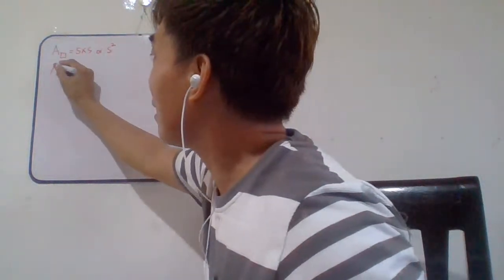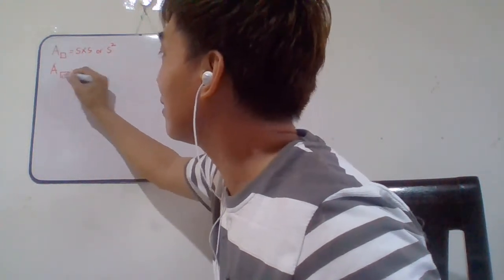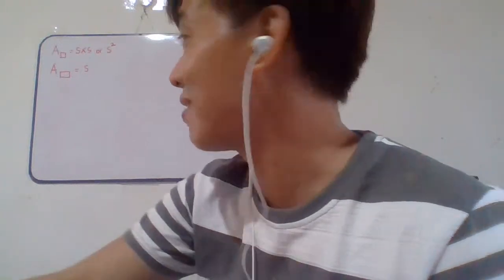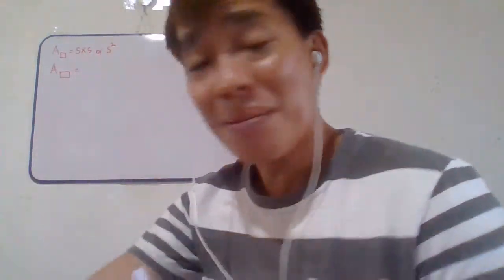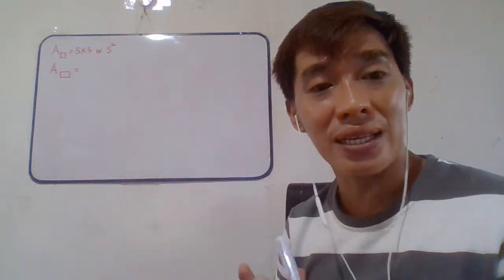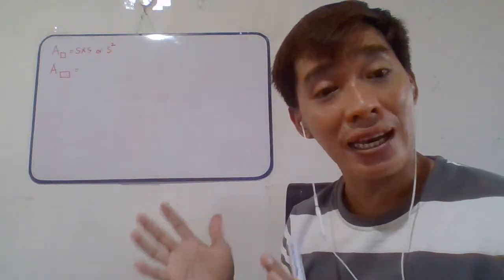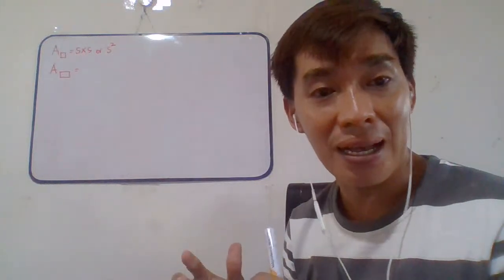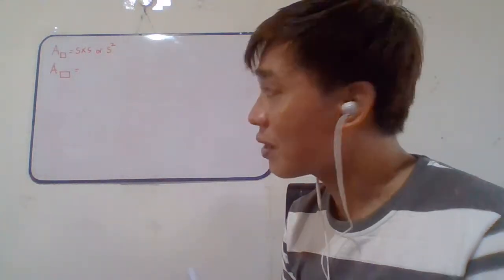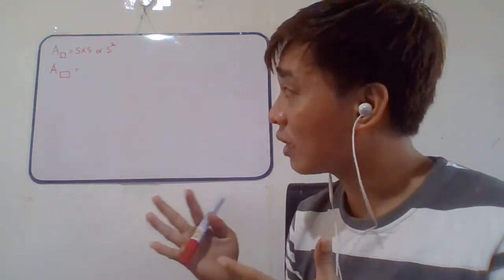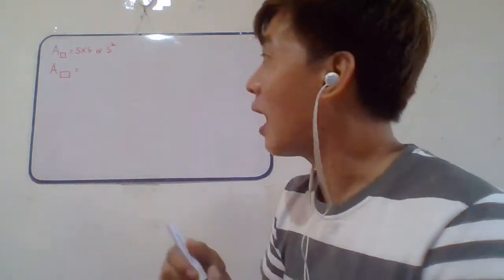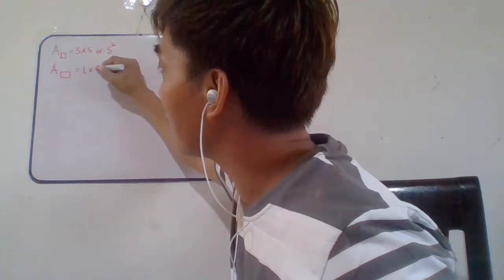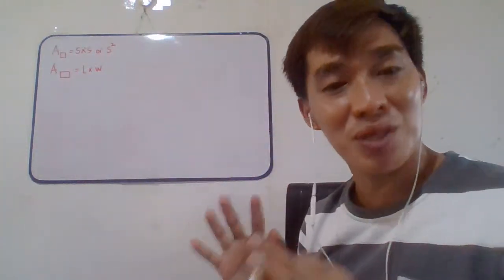The area of the rectangle: we only use side if the two sides have the same measurement. For a rectangle, the longer side is what we call the length, and the shorter side is what we call the width. So you just multiply length times width.